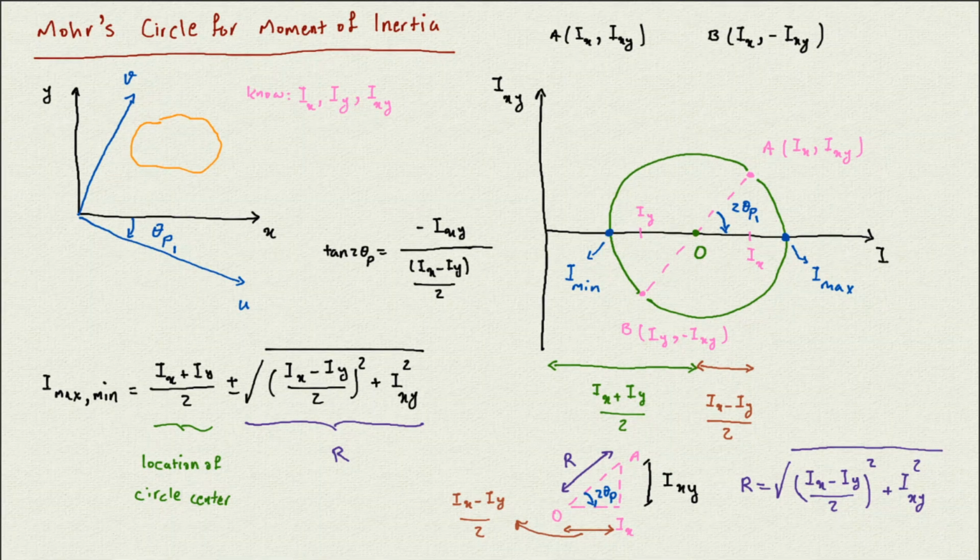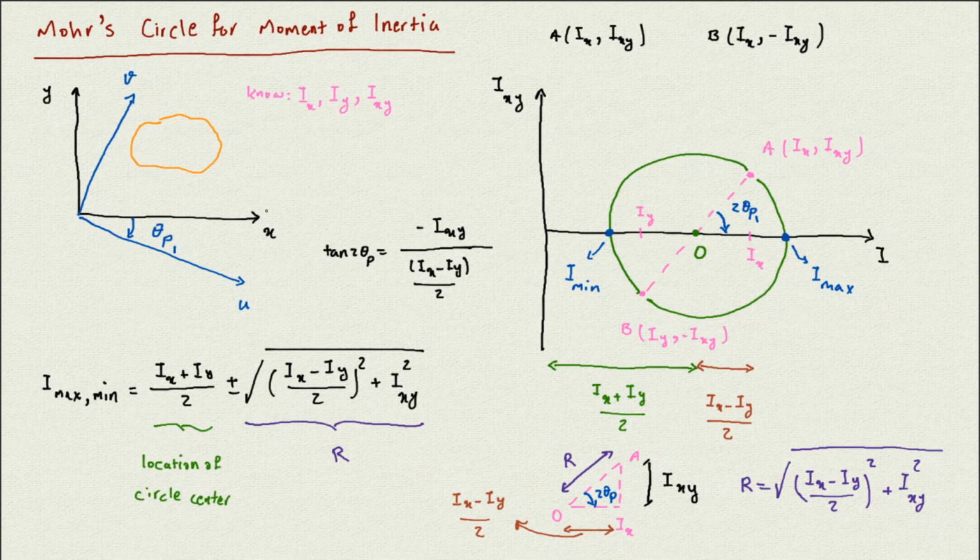Another application for Mohr circle is that we can find the moment of inertia in case we rotate an axis. Look here, we have the x-axis and y-axis, and point A is associated with the moment of inertia about the x-axis and the product of inertia. Now if I rotate this axis counterclockwise or clockwise, we can use the Mohr circle to find the moment of inertia on that axis.